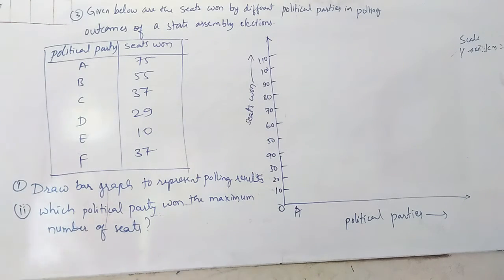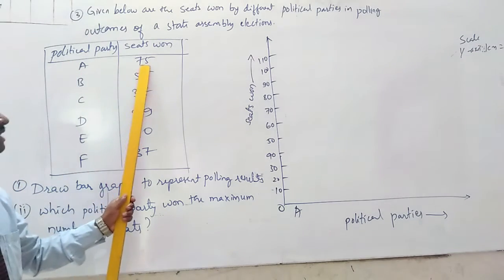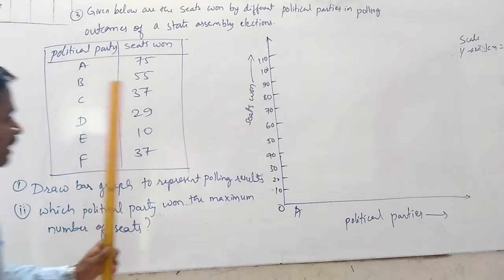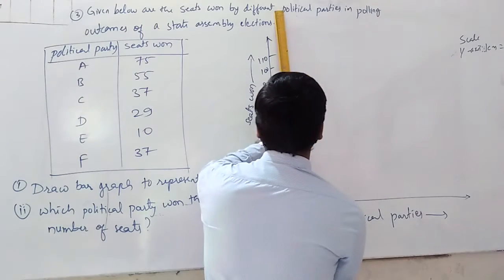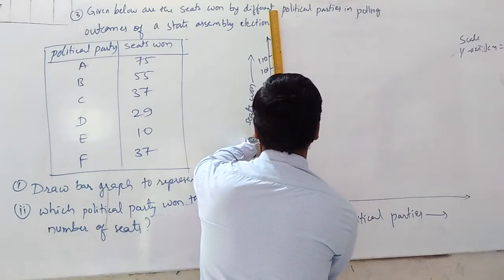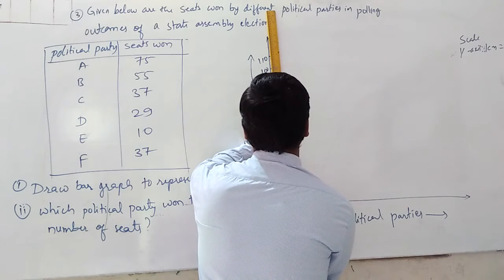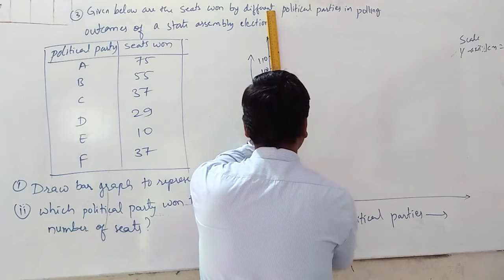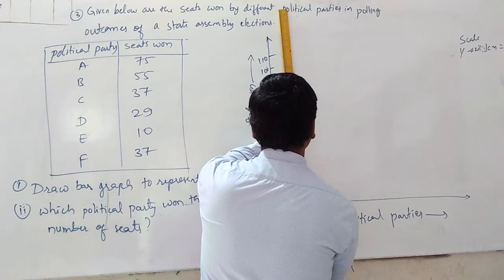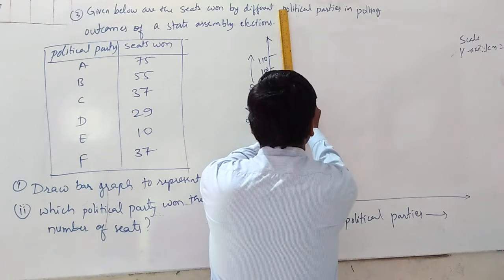First, party A won 75 seats. You can mark 75 seats here, in between 70 and 80.